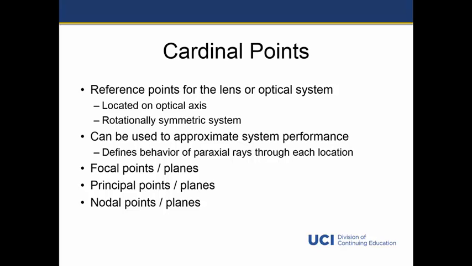We use these reference points to approximate the system performance and behavior, and we use them to define the behavior of these idealized paraxial rays as they propagate through each of these spaces in the optical system. And again, the cardinal points include the focal points or focal planes, principal points or planes, and nodal points and planes.